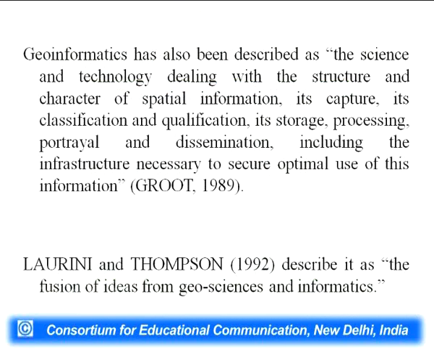Geoinformatics has also been described as the science and technology dealing with the structure and character of spatial information, its capture, its classification and qualification, its storage, processing, portrayal and dissemination, including the infrastructure necessary to secure optimal use of this information. Lorne and Thompson describe it as the fusion of ideas from geosciences and geoinformatics.